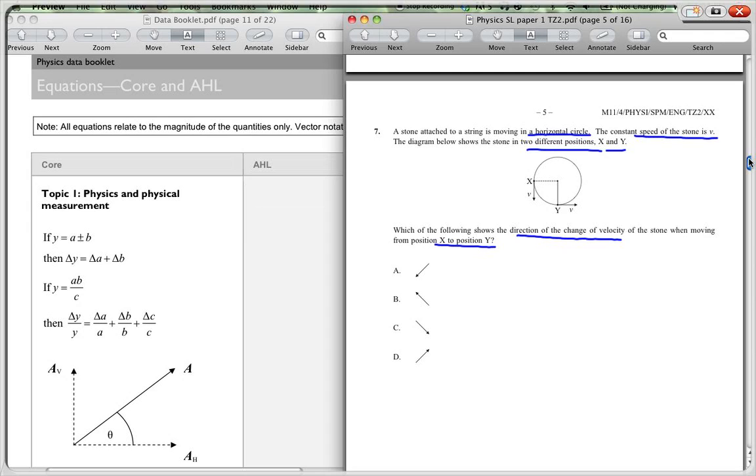Now, we were moving in that direction with a certain velocity, and after this change, we ended up going in that direction. So this one over here is the final velocity. This is the change. So what caused the change? That must be the change in that direction, because this is the initial and this is the final. So this must be the change in the velocity there. And so it would have to be D. It would be 7D.